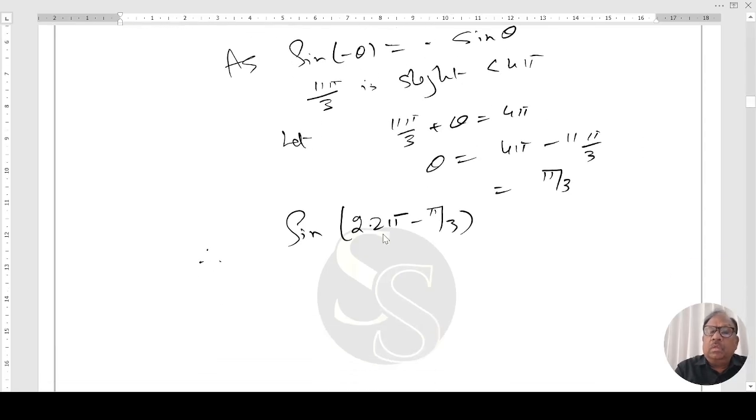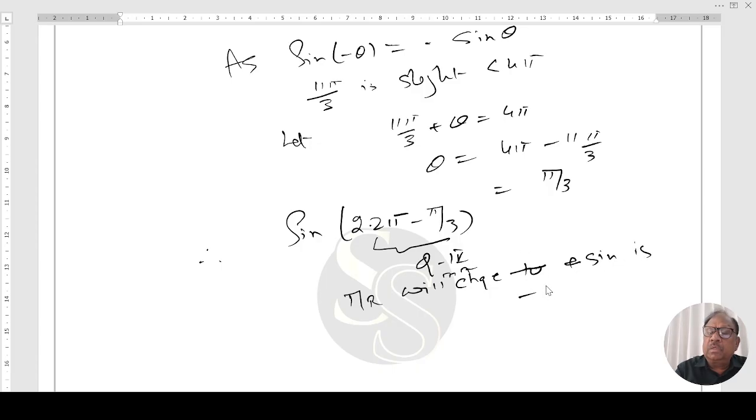Now, this belongs to quadrant 4. Trigonometric function will not change, and sine is negative in quadrant 4.